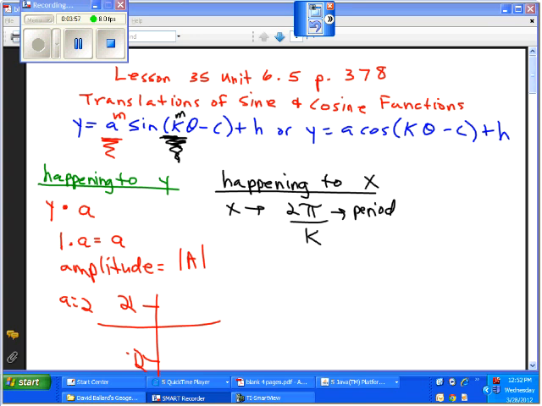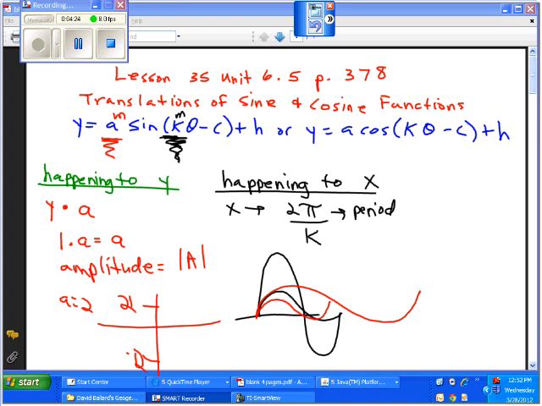Now, what that did is it took a wave and it either stretched it vertically, made the amplitude bigger, or it took a wave and it shrunk it or stretched it horizontally. So we're talking about stretching. We're not shifting left, shifting right, shifting up, shifting down.